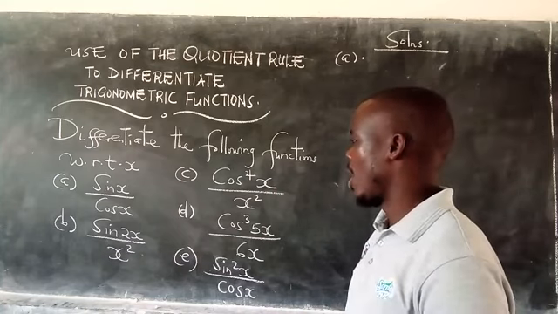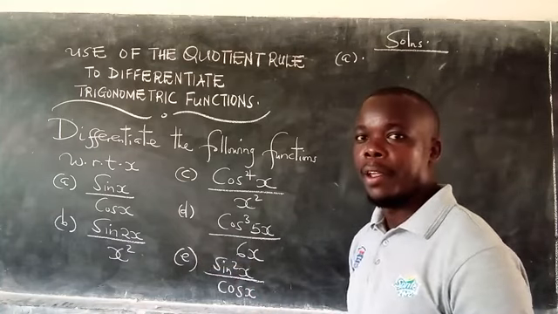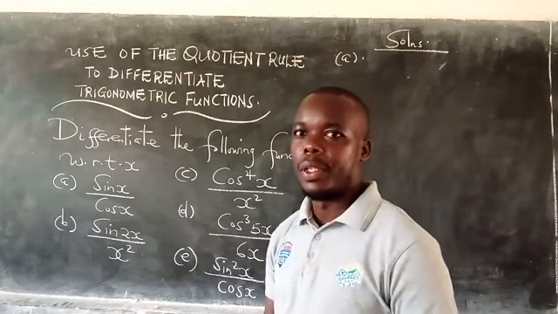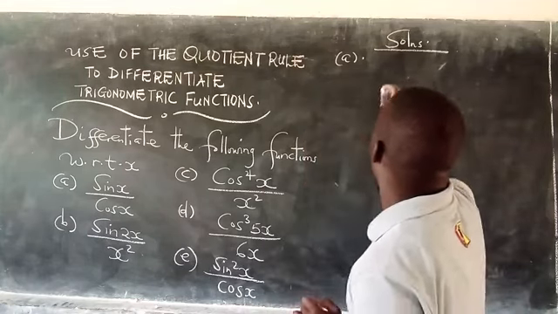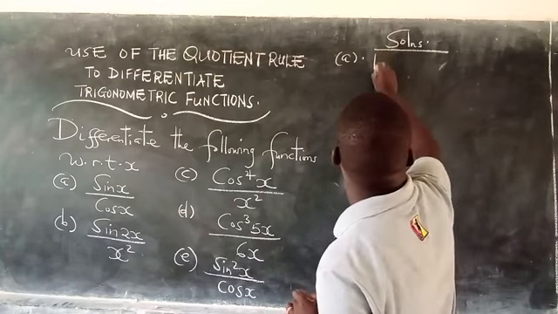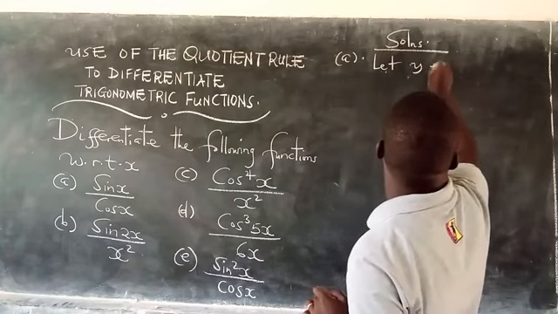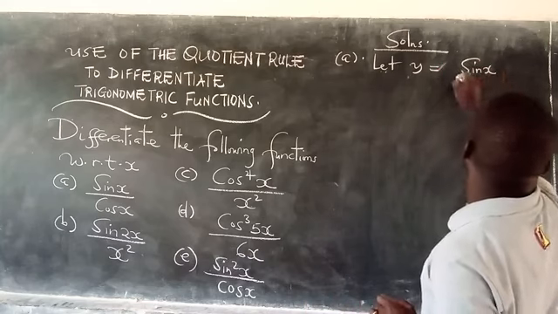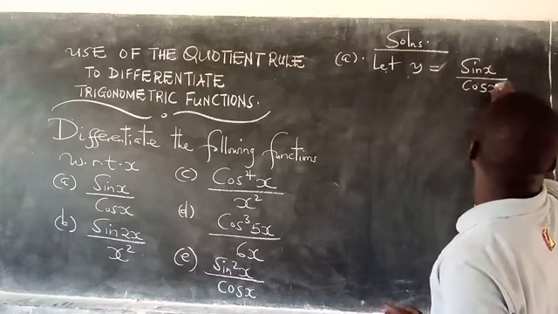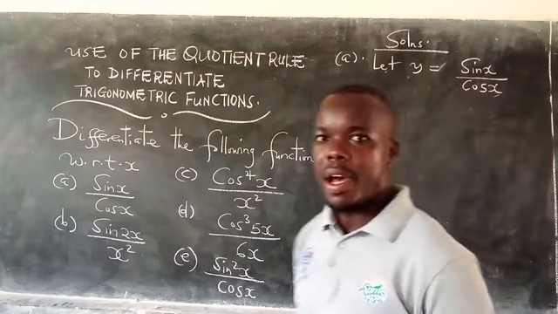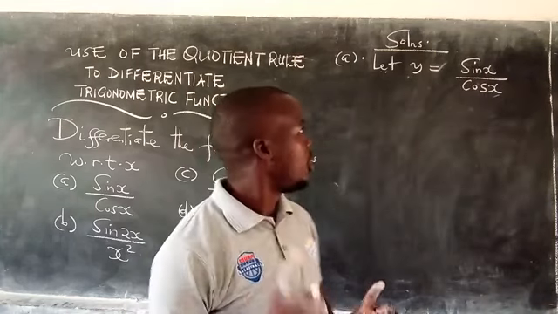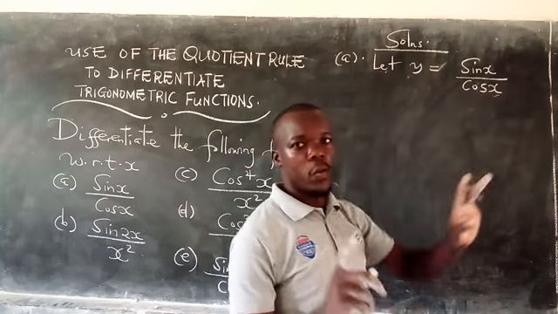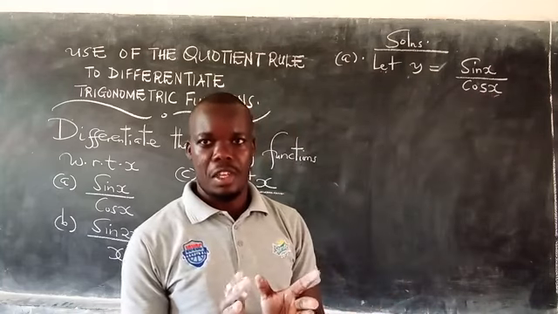to x. I am basically going to begin with part A, but something that we have to remember about the quotient rule is that when we have our y as sine x out of cos x, there is going to be a restriction that strictly the denominator of your function will be the one that we call v.